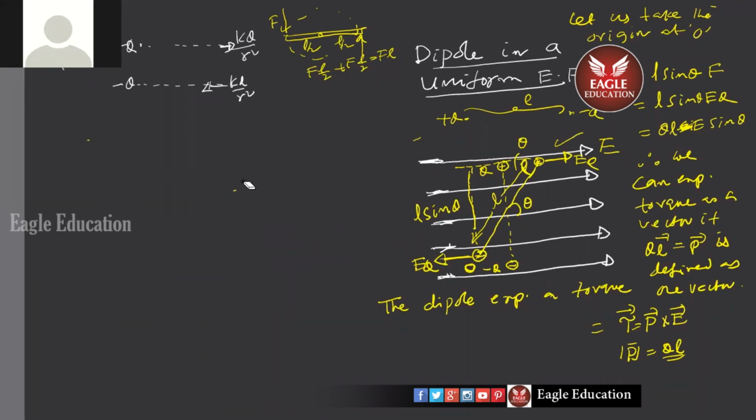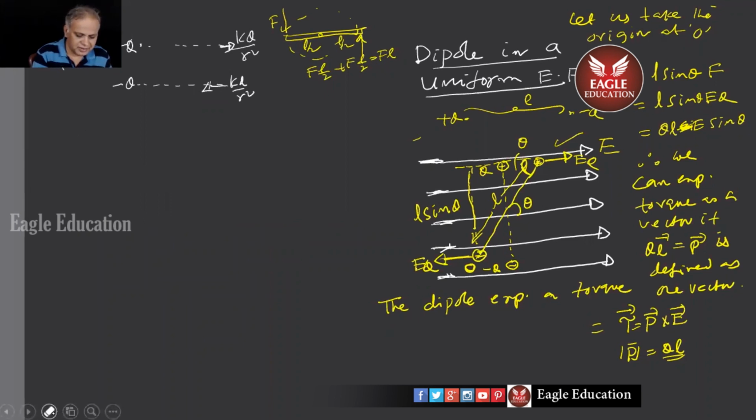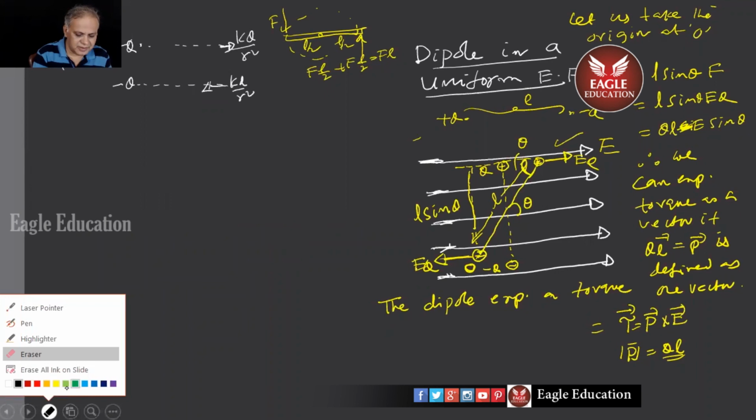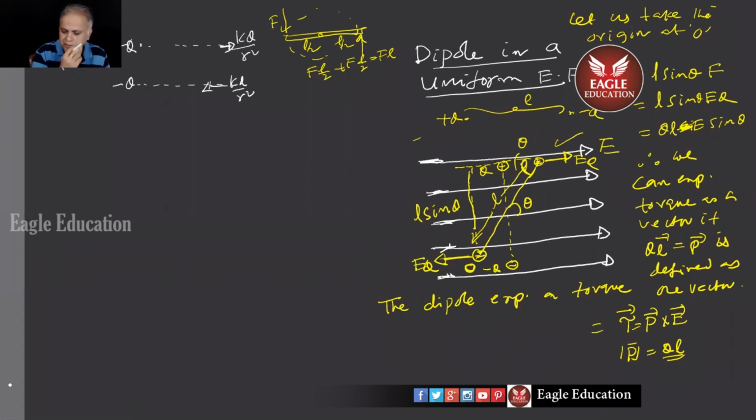Tell me, children. Now, look. P equals QL is called dipole moment, Q into L bar. Direction is from where to where?